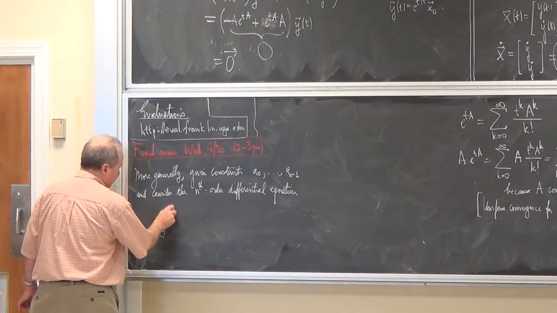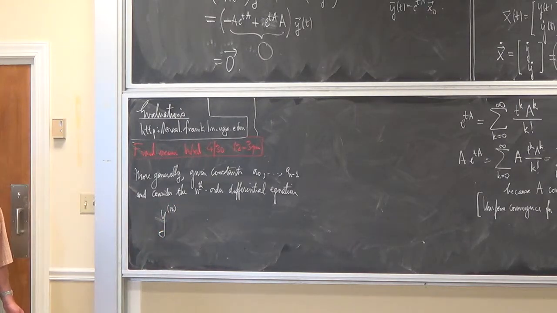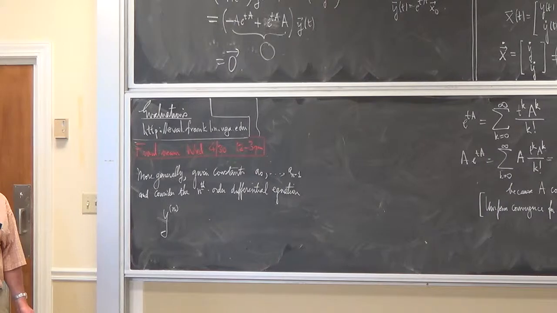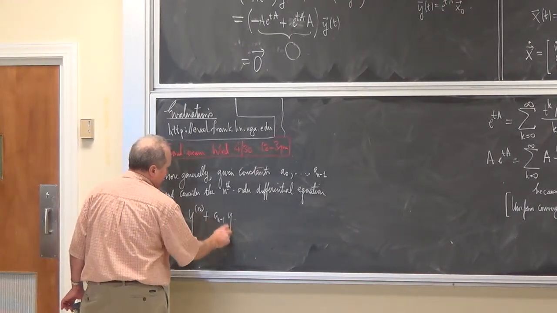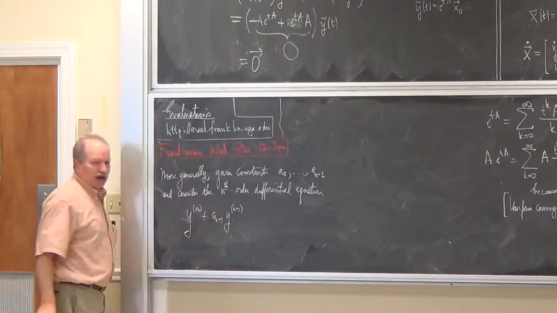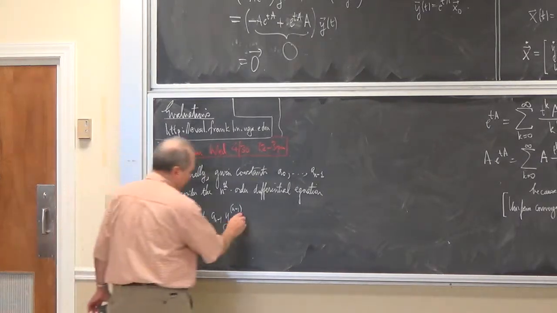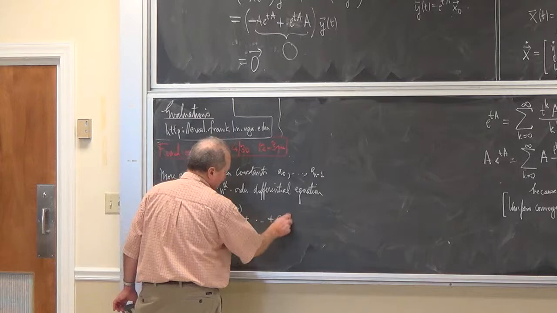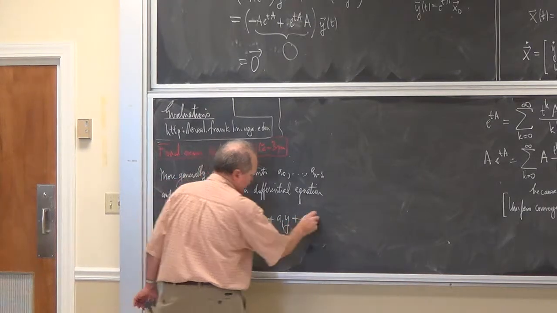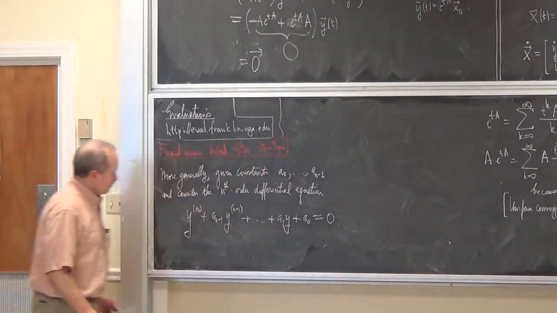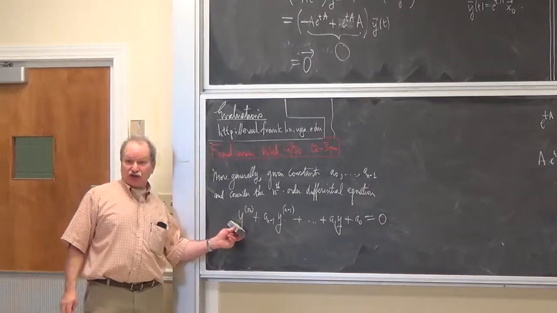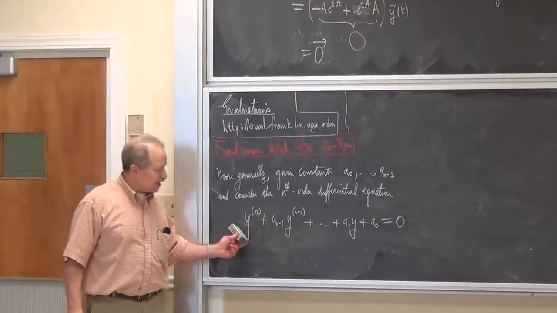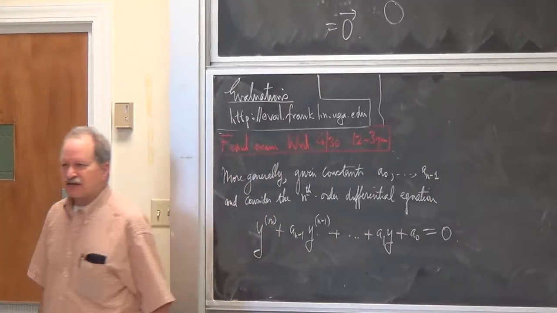Y nth derivative. I'm not going to use dots now. I don't know how to put n dots. Plus a n minus 1 times the n minus first derivative of y, plus down to a1 times y, plus a naught equals 0. So I'm interested in a function that's n times differentiable that satisfies this equation where the a's are constants.